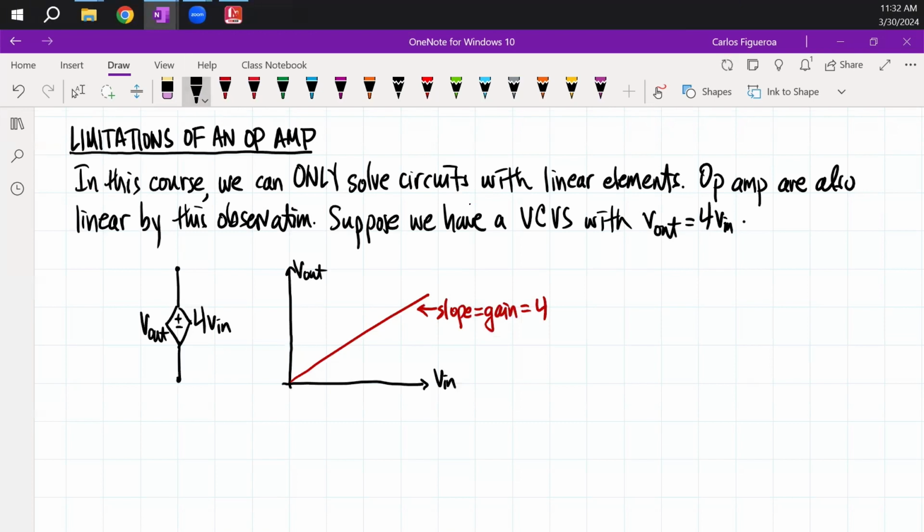So in other words, the plot of V out versus V in shows a linear behavior.